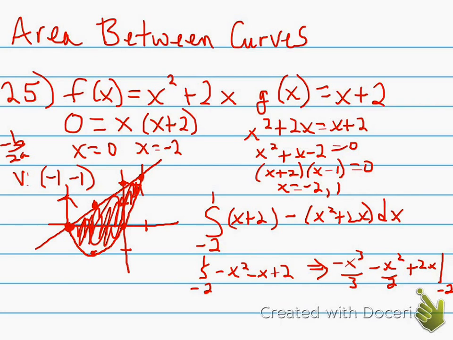I plug in 1 first, and I end up with negative 1/3 minus 1/2 plus 2, minus what I get when I plug in negative 2, I get 8/3 minus 2 minus 4, and I do all that math and I get 27 over 6, which reduces to 9/2.